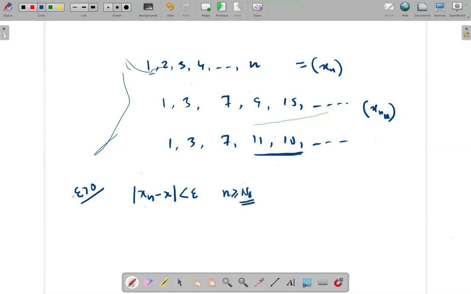So for every epsilon, I should find some natural number n naught such that after this natural number, all the terms of the sequence are epsilon close to x. Mod of xn minus x is less than epsilon whenever n is greater than or equal to n naught. That's the idea of convergence.